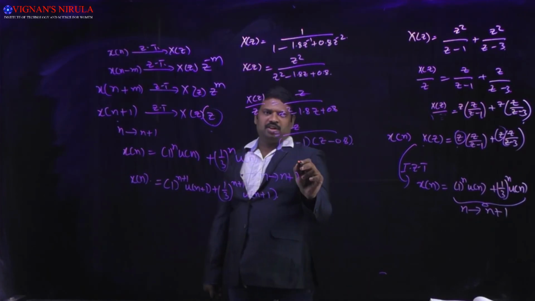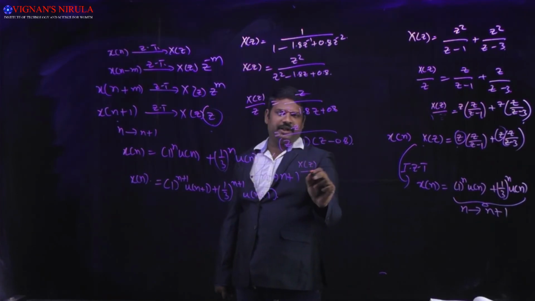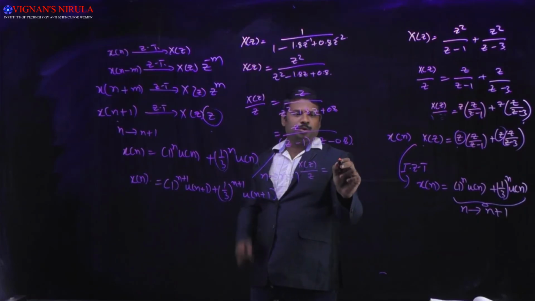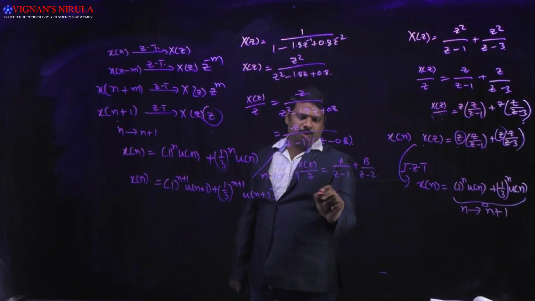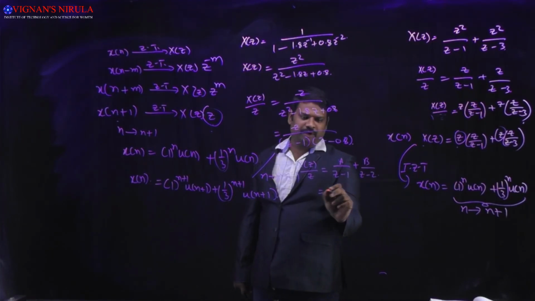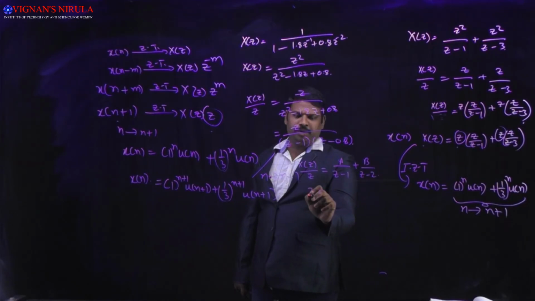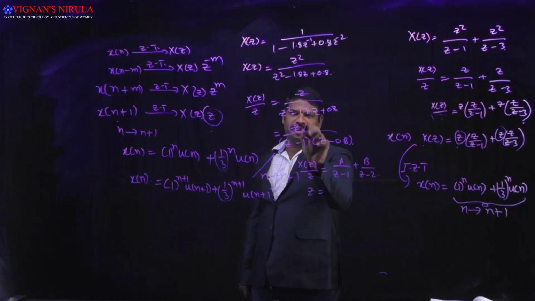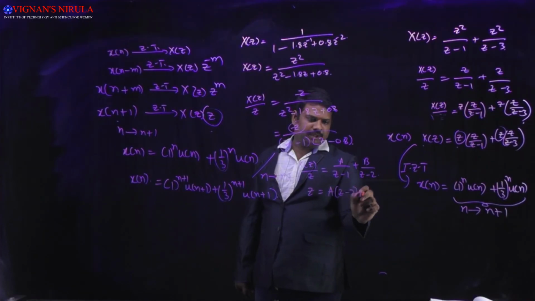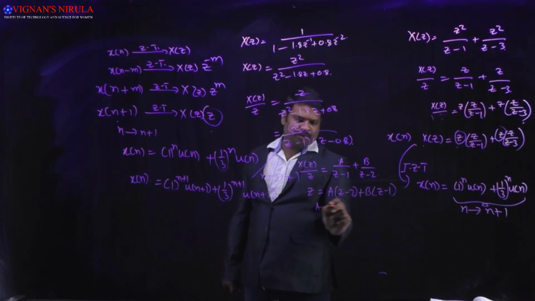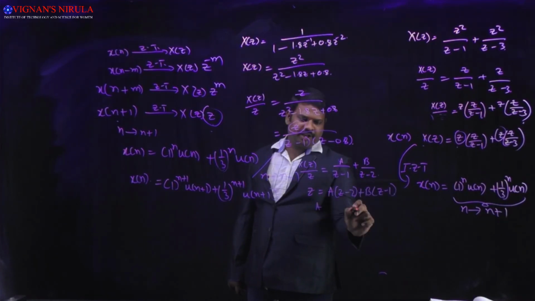Therefore, x of z by z will be equal to a by z minus 1 plus b by z minus 0.8, and we find the values of a and b by equating the numerators. Here the numerator is z, and here the numerator is a into z minus 0.8 plus b into z minus 1.